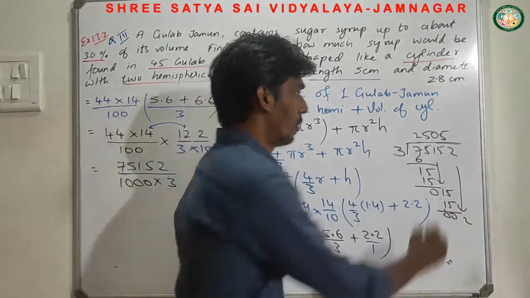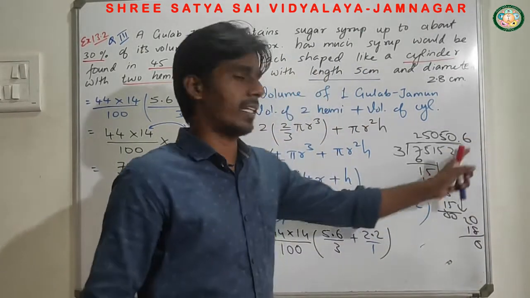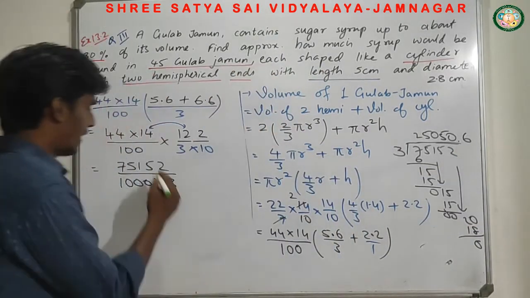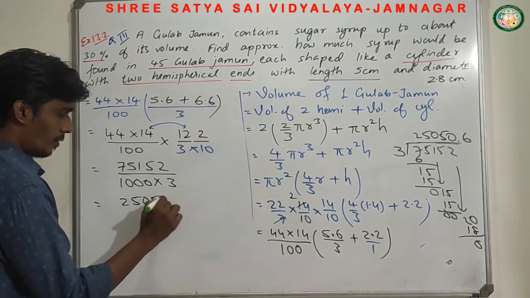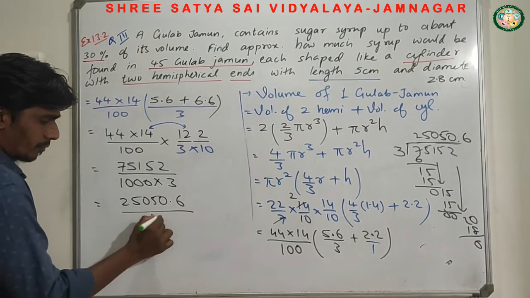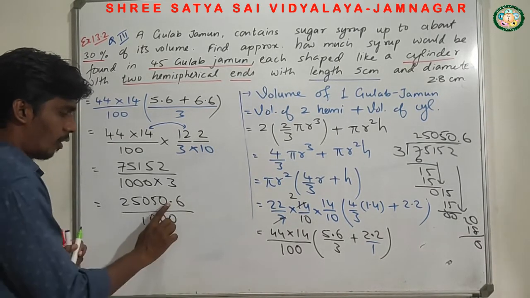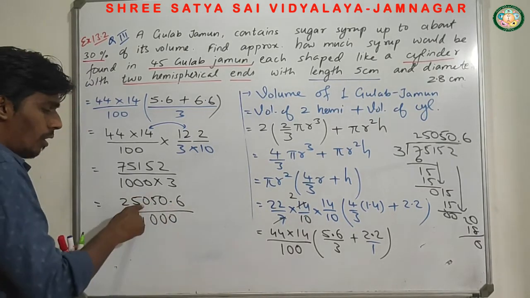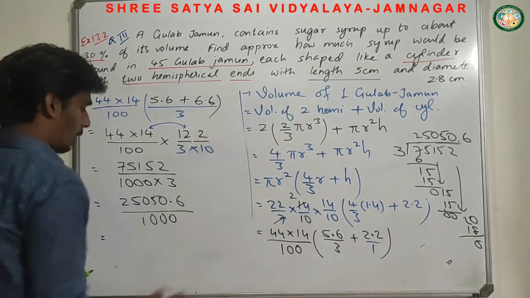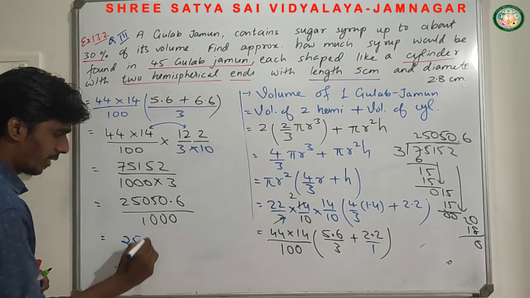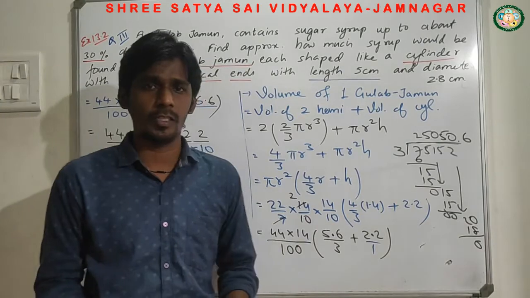You can't get 2. So again here 0, 20, it's 18, 6. So we'll get 6, 6, 6 as a recurring number. So I can write for this one, 25050.6 upon 1000. Now after this, divide by 1000, so the decimal point I am going to move 3 steps. So the volume of 1 gulab jamun will be 25.05 centimeter cube.